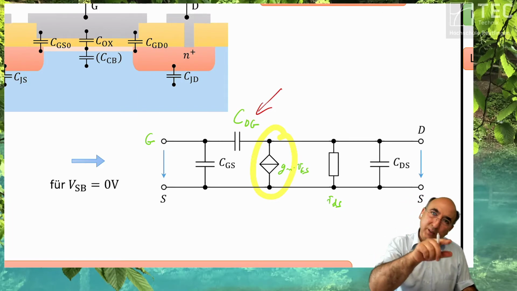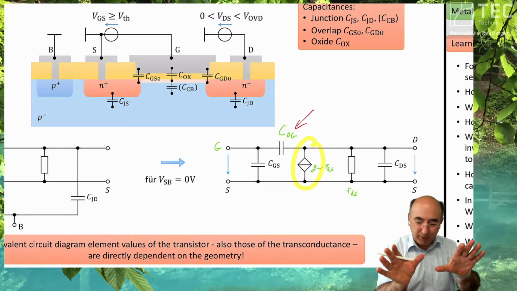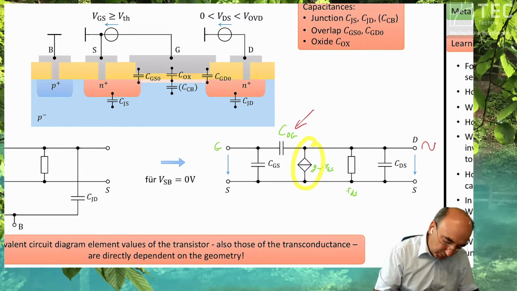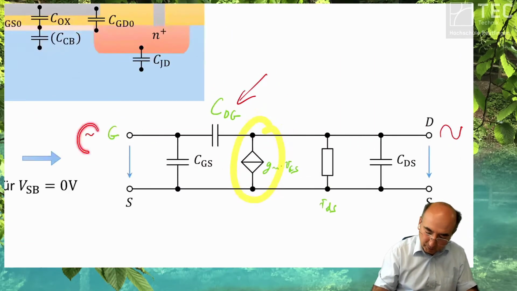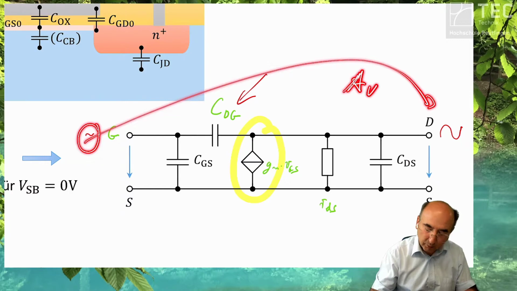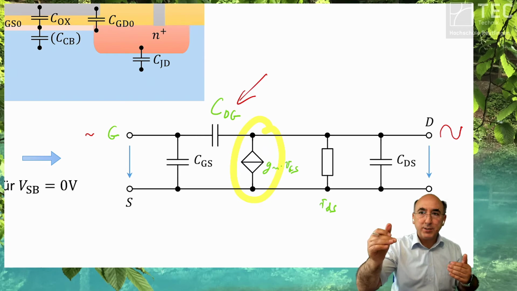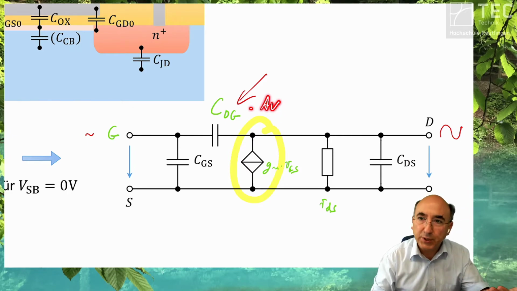The Miller effect in circuit design is not a device topic now. The Miller effect says that if you have a voltage at the drain to the source, but only a small voltage at the gate to the source, so you have a voltage gain, then this capacitance is charged and discharged multiple times by the voltage gain.